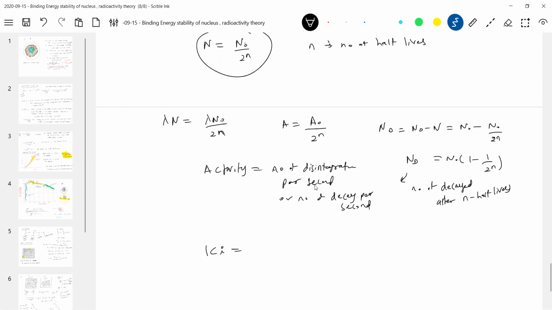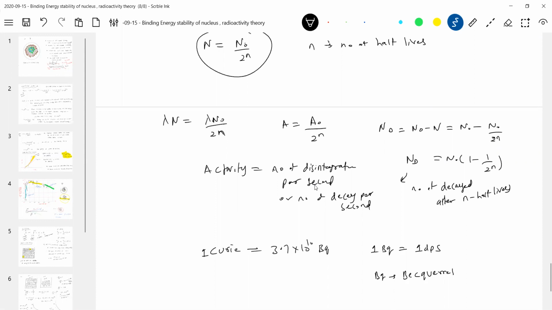And 1 curie is equal to 3.7 into 10 to the power of 10 becquerel. The SI unit for disintegration per second is 1 becquerel. 1 DPS only we call 1 becquerel.